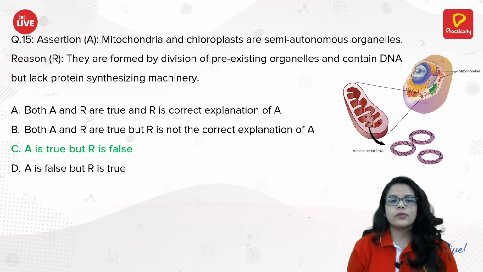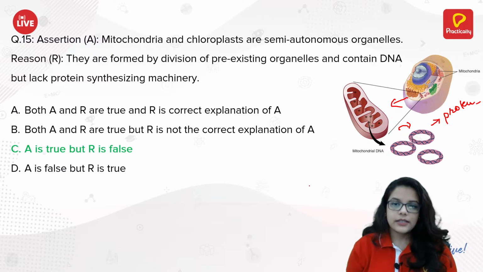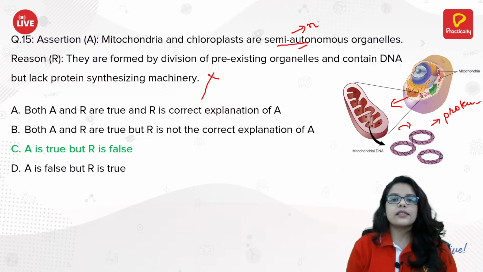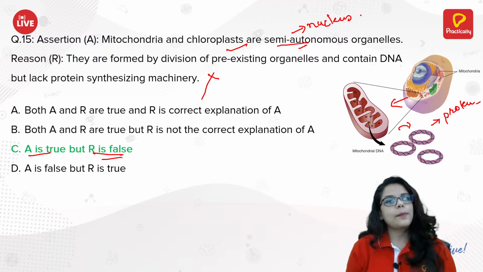So this is mitochondria, and they have their own DNA, which can produce their own proteins. So this statement is wrong. But they are semi-autonomous. Why? Because they are still controlled by the nucleus. So A is true and R is false.